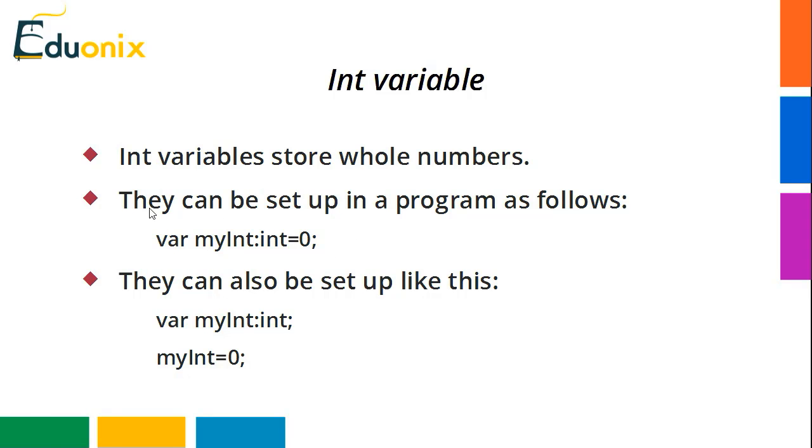So that's one way of setting up myInt. Another common way of doing it is to just declare it without storing anything inside it, and then instantiating it, storing something inside it separately on another line somewhere else in the computer program.